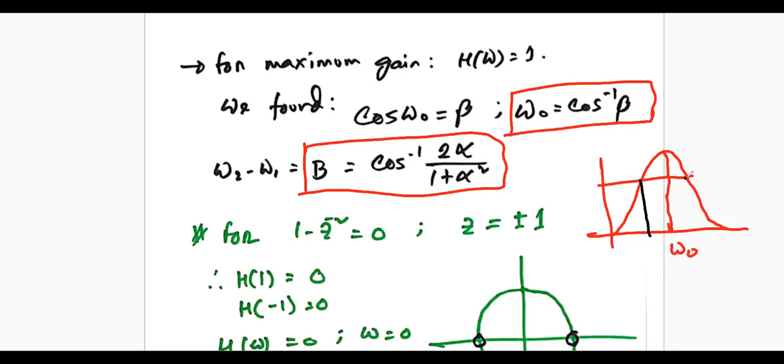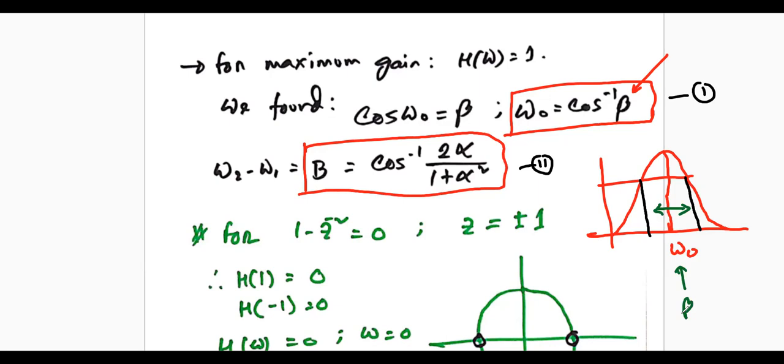As you can find from these two equations, equation number 1 and equation number 2, by controlling the value of beta, you can control the center frequency. So you can change the value of beta and shift this omega 0.